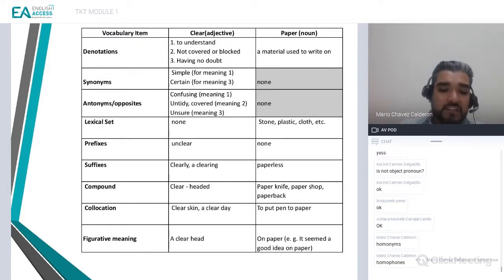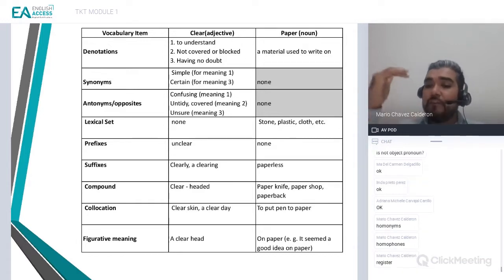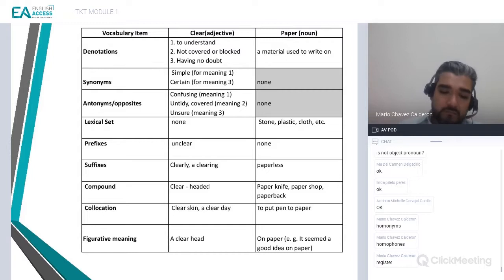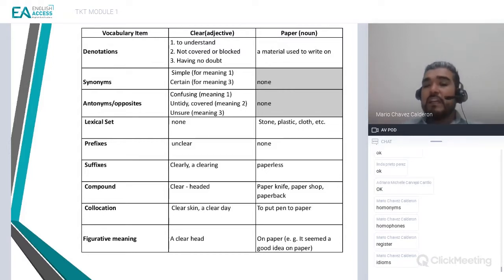We also have the register. The register is the level of formality of the word. We have idioms. The idioms are phrases that we use in our language. They don't express the literal meaning, but a figurative meaning.